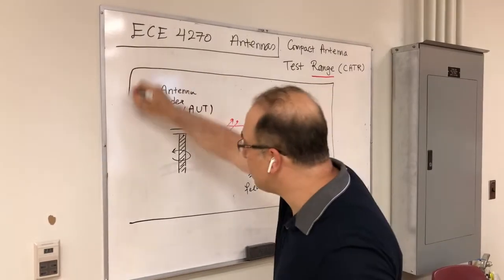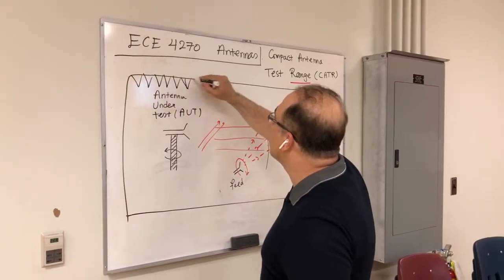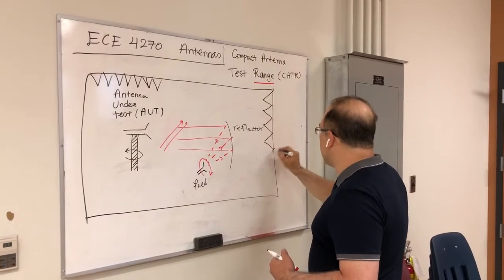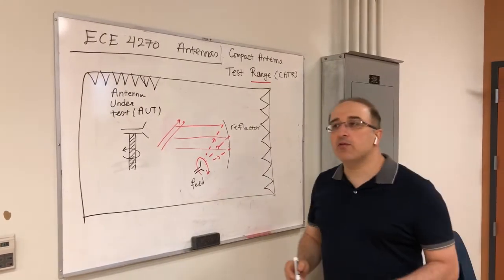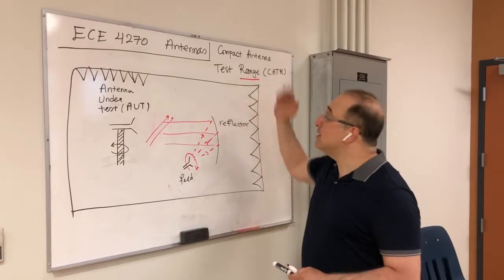So you have an anechoic chamber with absorbers around on the walls and ceiling. We're going to go and see how we can perform one measurement in the CATR.